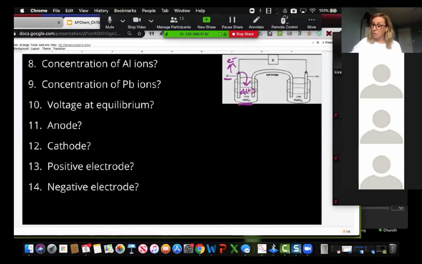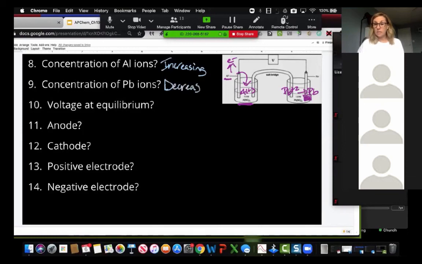So those aluminum ions would be increasing, because as those electrons are leaving, it's putting more Al plus 3 ions into solution. The Pb ions, on the other hand, on the other side, are going from Pb plus 2, and they're becoming metal. Like I said, they're becoming deposited on that other one. So those ions that are in solution would be decreasing in concentration.